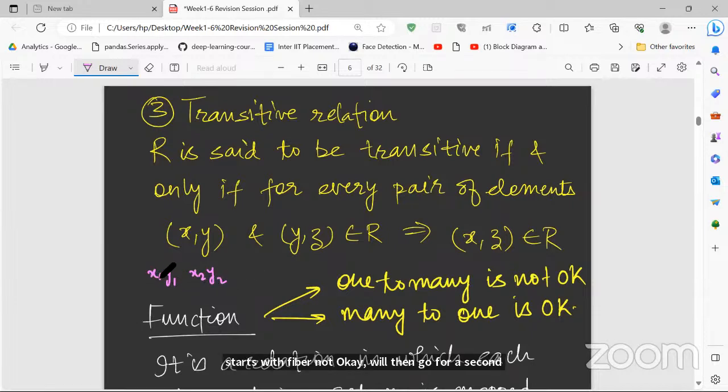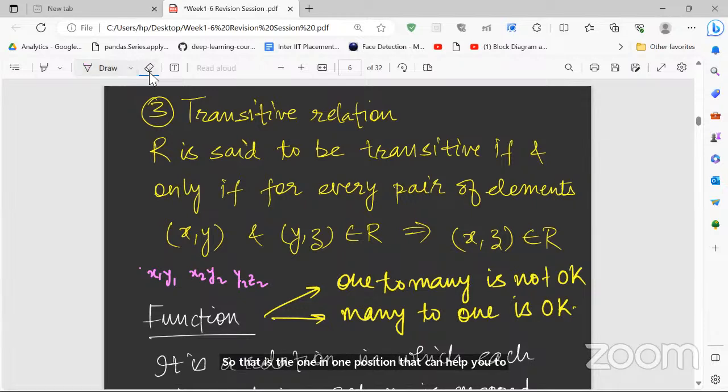Because of this, this element does not break transitivity; if there was only (x1, y1), you can directly say it's transitive. Now check for any element that starts with y2. If (y2, z2) is there, then search for (x2, z2). If (x2, z2) is not present, then you can directly say it's not a transitive relation. That is the only condition that helps you say it's not transitive.